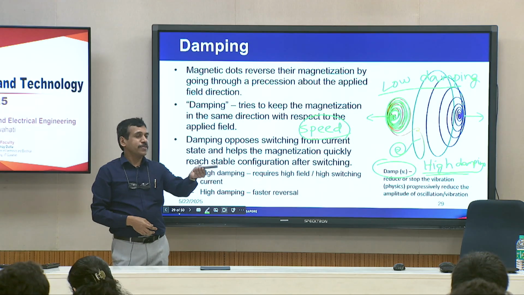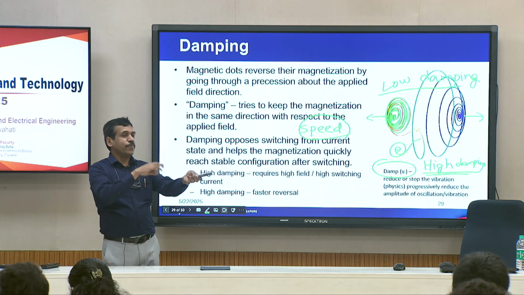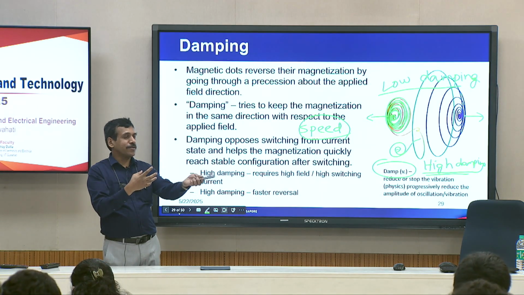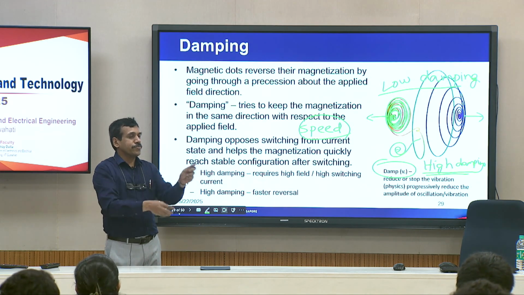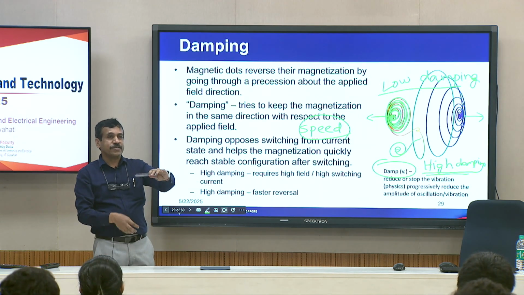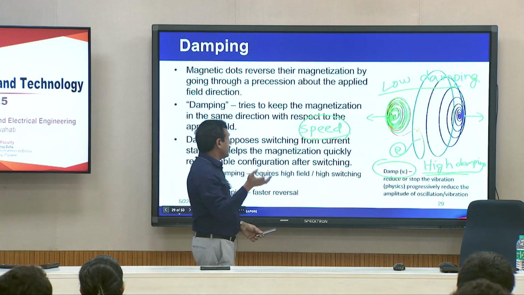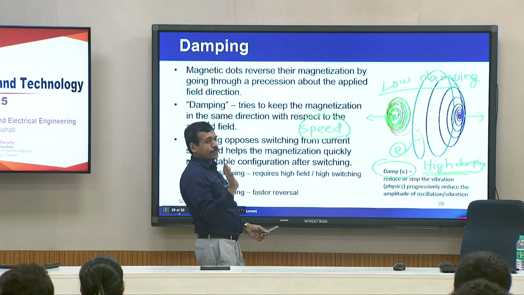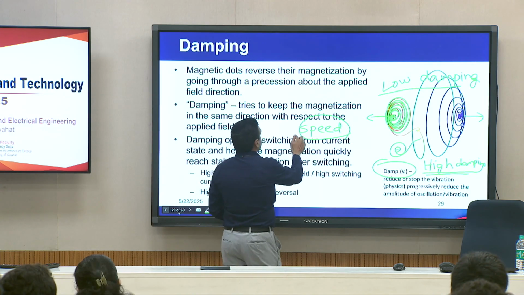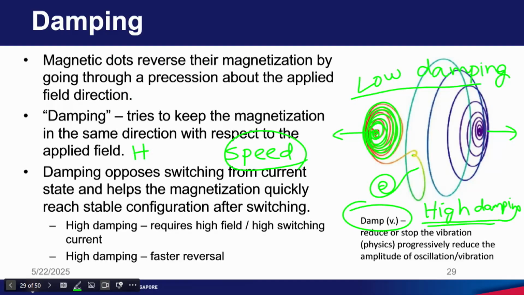Because your magnetization was initially in this direction, you apply say spin transfer torque or magnetic field, so it precesses fast and comes here, settles fast. That means we can switch from one direction to the other direction fast. So high damping is good for speed. That's what I have written here. High damping is useful for faster reversal.